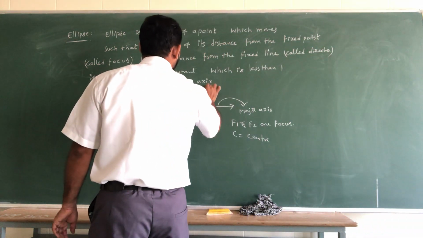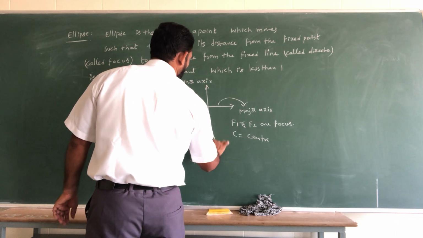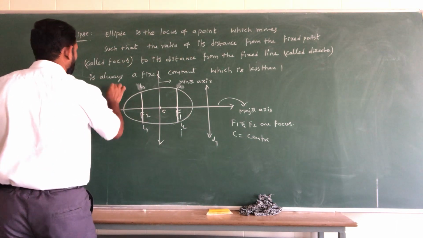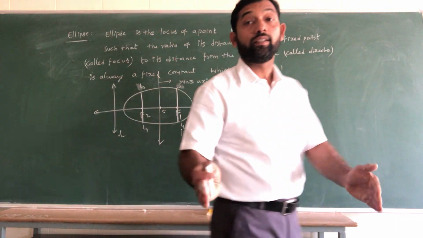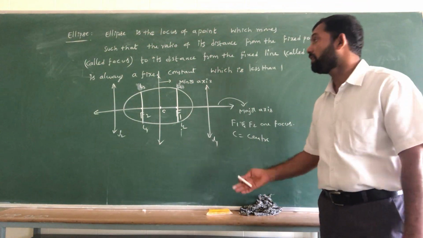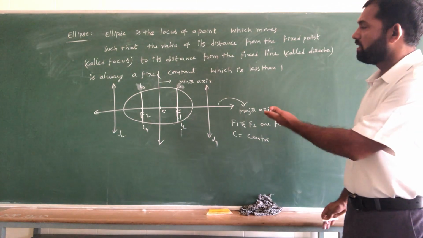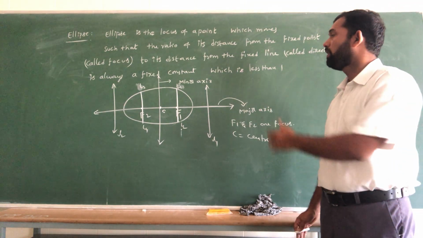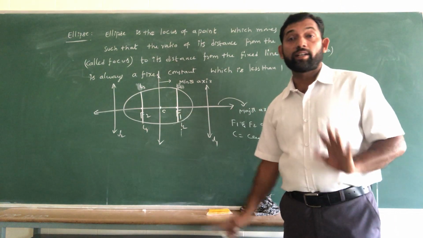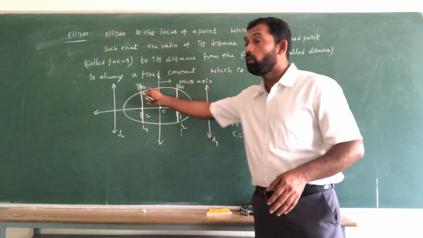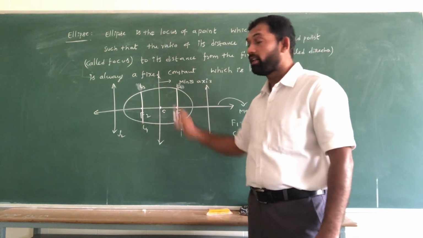These are called directrices, L1, L2. So in this ellipse, that is the shape of the ellipse. It has two foci, two directrices, two latus rectums. And one center is there.